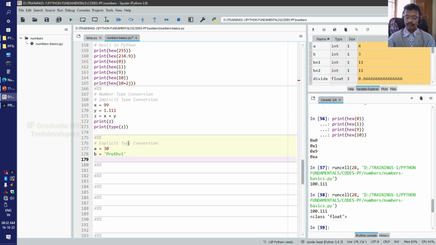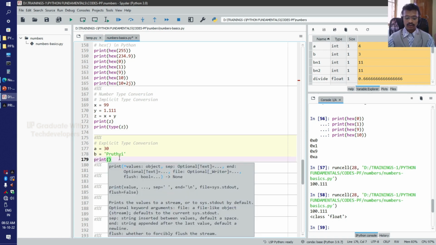Suppose if I want to add these two variables, then I need to use typecasting using the string function. Directly I cannot use the string to add with the integer value 30. I need to convert it to an integer value.